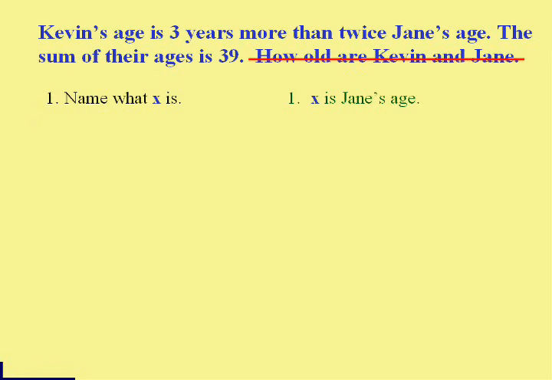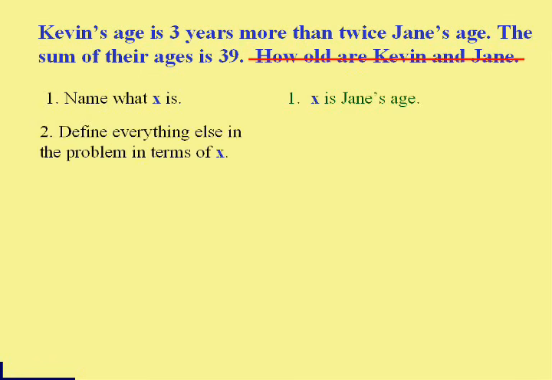And I cross that out. Step 2 is to name the other objects in the problem. Now we've done Jane. We're going to start with English and work our way from English to math, defining Kevin's age in terms of our x. Well, x is Jane's age, so Kevin's age, and it says right there, is 3 more than twice Jane's.